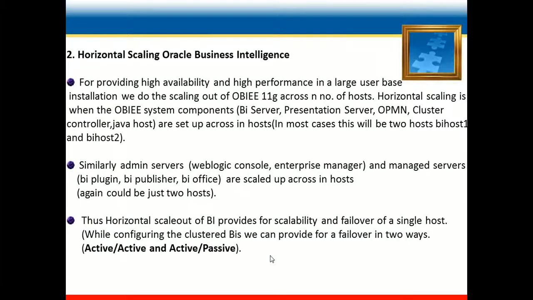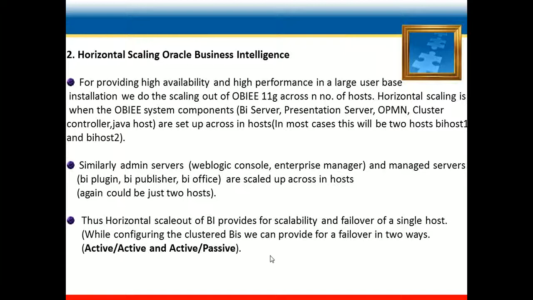Then the second one is horizontal scaling for Oracle Business Intelligence. It's mainly for providing high availability and high performance in large user-based installations. So here we scale out OBIEE across a number of hosts.